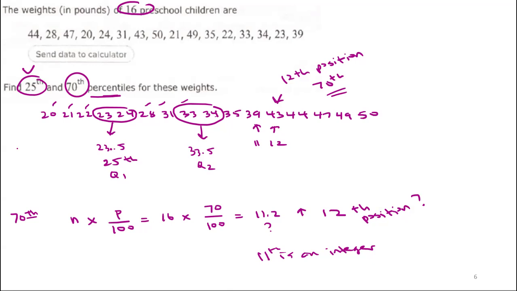So 39 plus 43 divided by 2 is 41. And so that would be the 70th percentile, if it was an integer instead of a decimal number.